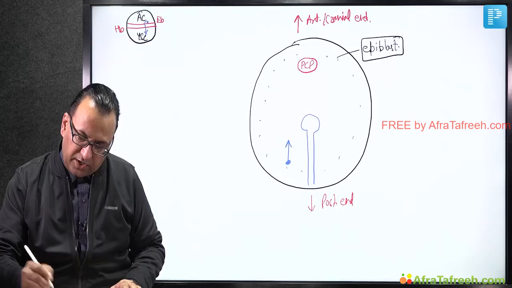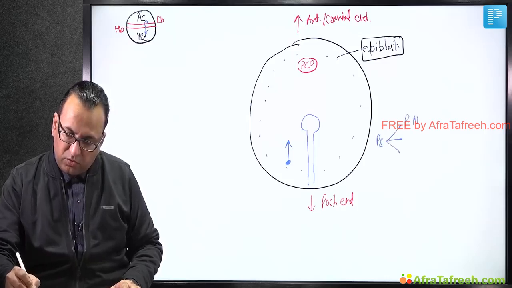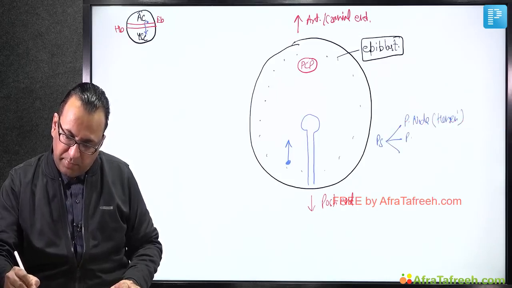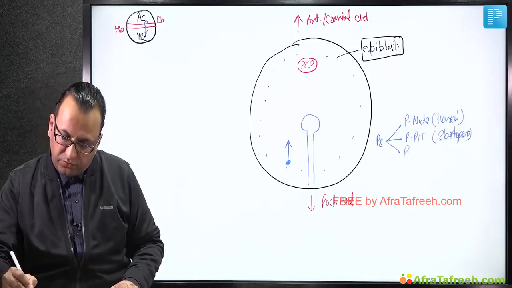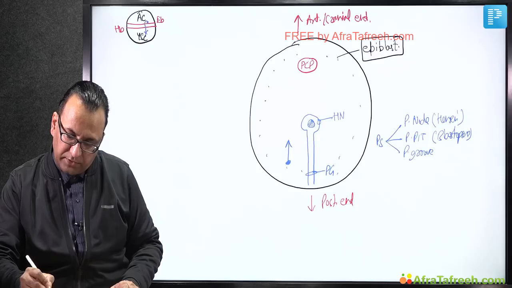The 3 components of the primitive streak are the primitive node, which is also called Hensen's node, in which there is a primitive pit, also called the blastopore, and then there is a groove, the primitive groove. So here is the primitive groove, this is Hensen's node, and in Hensen's node we see a pit, which is also called the blastopore.